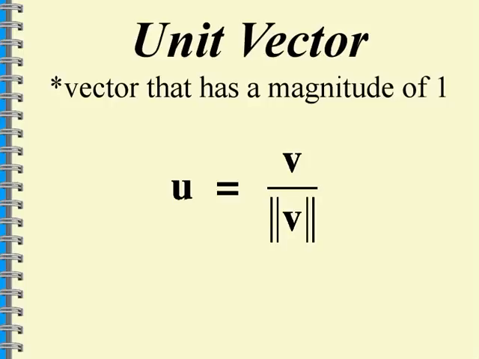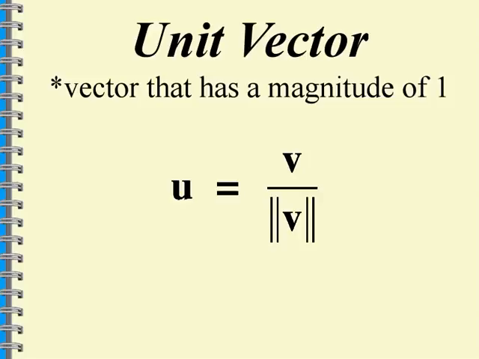The unit vector. We're going to talk about 2 more things and then we'll be done for today. A unit vector is a vector that has a magnitude of 1, and that should make sense because when you hear the word unit, you should automatically think of 1. Now the question is, how do you create a unit vector?